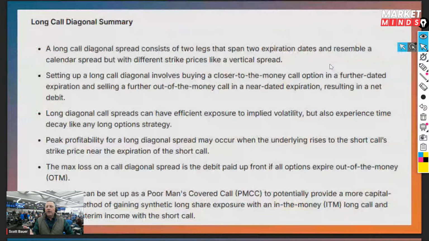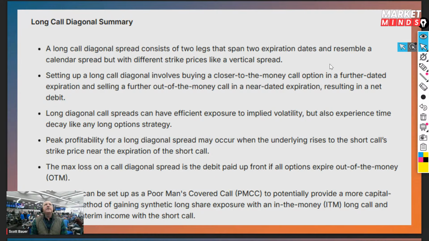So in summary, on a long call diagonal, okay, time spread, calendar spread, vertical. And that long call is going to be a lower strike than the short call.